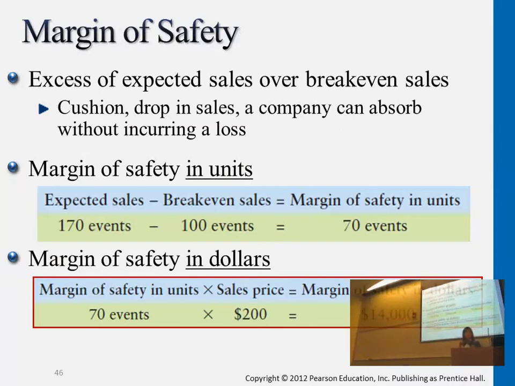And the last line in this section will be margin of safety. This is a new concept that we haven't talked about last week. Basically, it's just the difference between break-even sales, the sales you need to make in order to at least cover expenses, and the expected sales or the current sales that your company made.